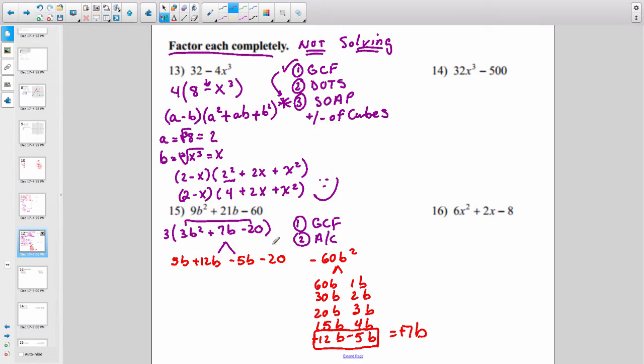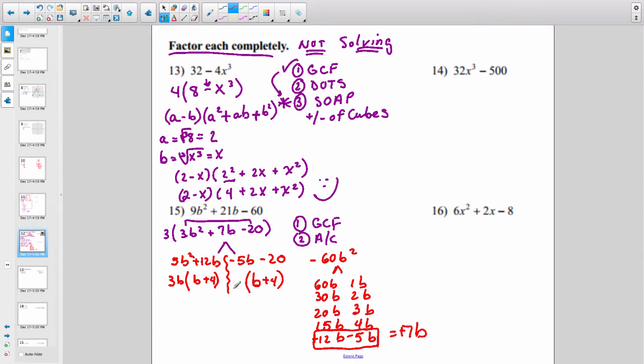Now here's another method of factoring. Whenever you have 4 terms, we like to do the grouping method. We GCF the left, so we would take out a 3b, and we'd be left with b plus 4. The b plus 4 has to go over here in order for it to work.